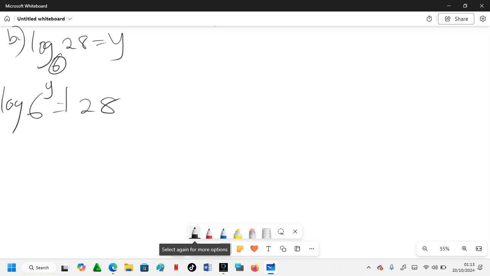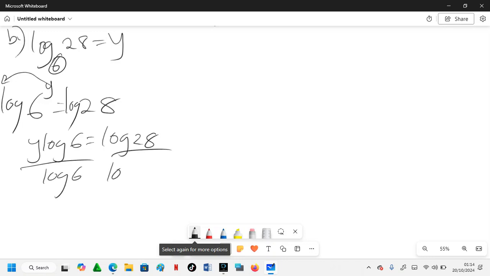And then we introduce the logs on both sides. Then we drop the y, so that y log 6 is equal to log 28, divided by log 6, so that we have y is equal to log 28 over log 6.